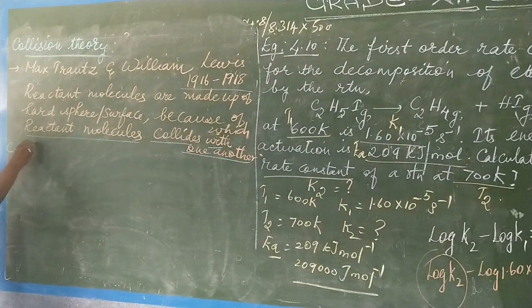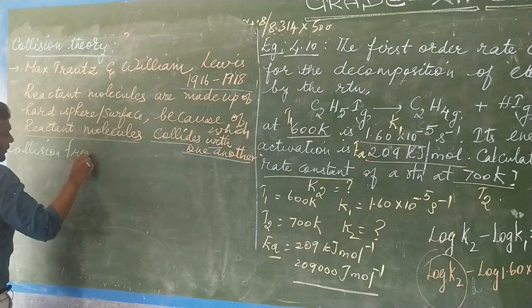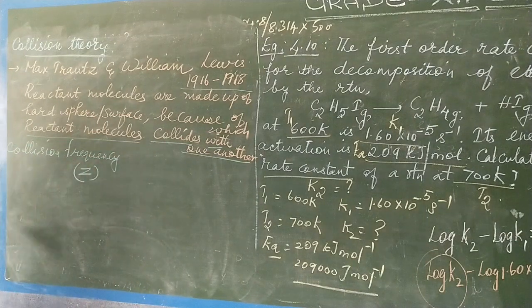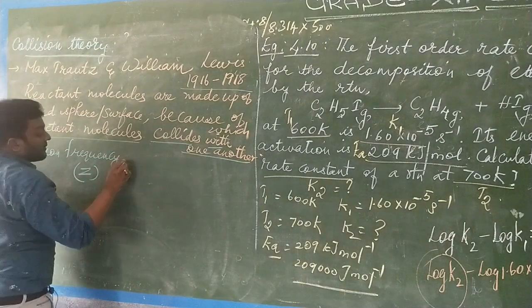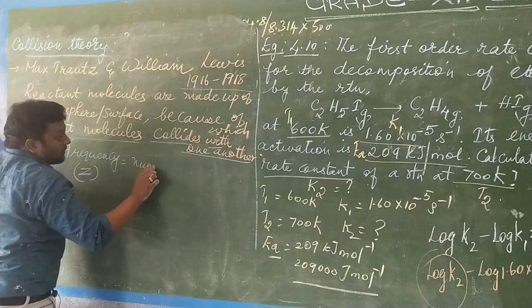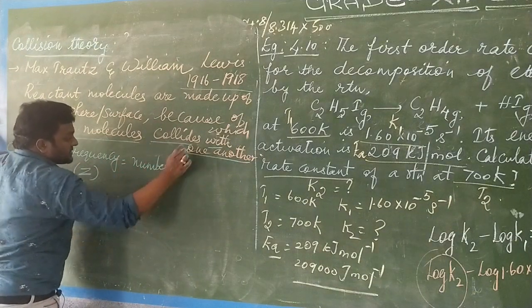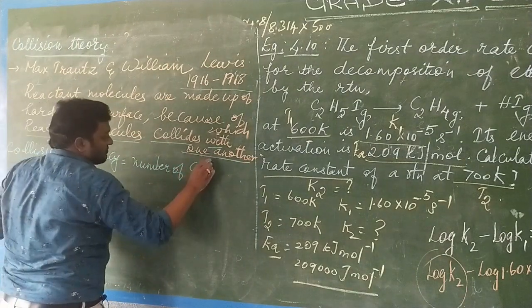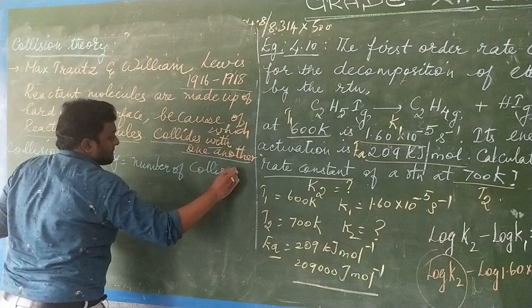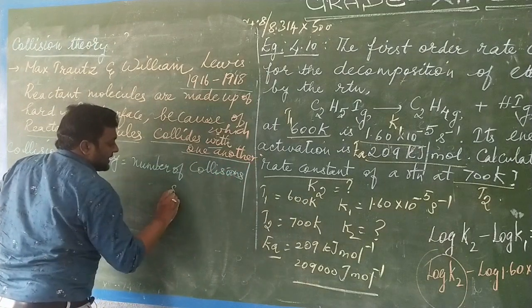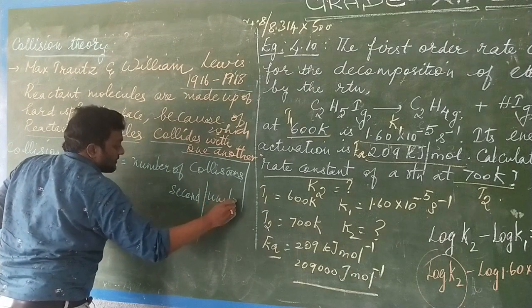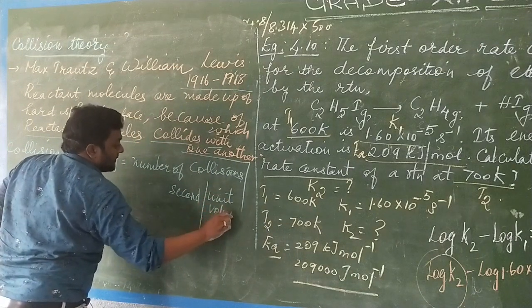They gave a new term which is called collision frequency. This collision frequency is represented by the symbol Z. Collision frequency is equal to the number of collisions per second per unit volume.